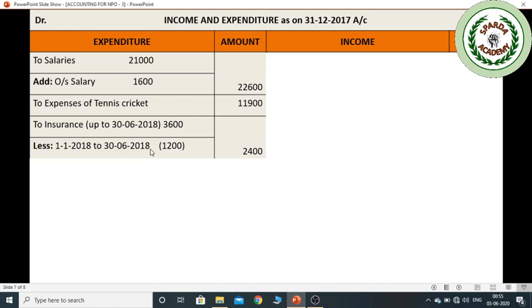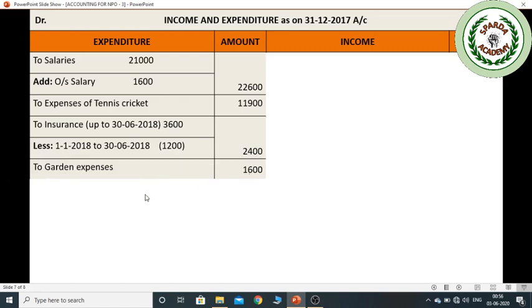If you divide this 3600 by 18 months, then for 1 month it will be 200. For these 6 months, January to June end, that is January, February, March, April, May, June, so 6 months into 200 is 1200. This must be deducted. The remaining 2400 has been written.